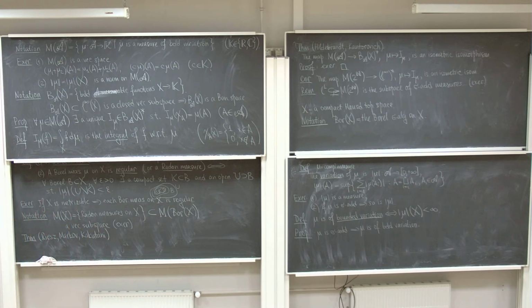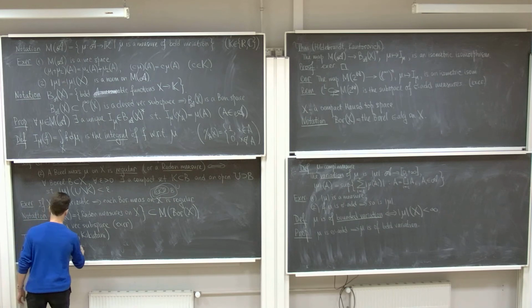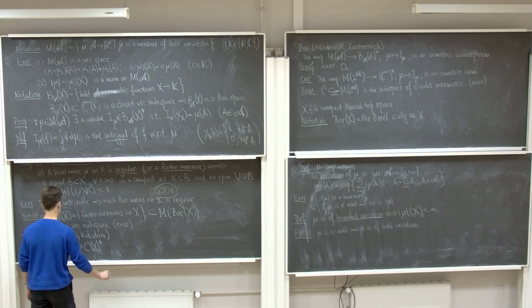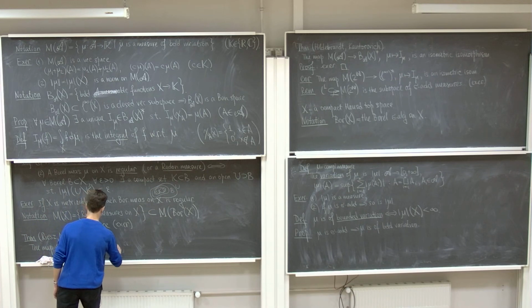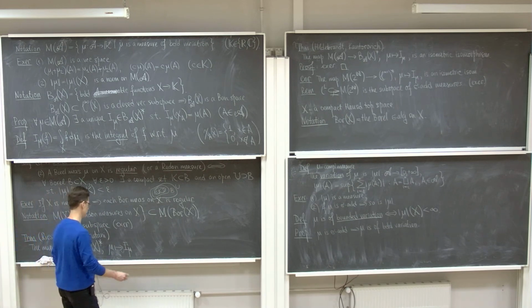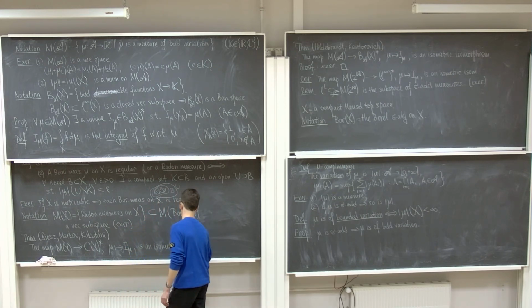If X is a compact Hausdorff topological space, then the map from M of X to the dual of C of X, which takes each Radon measure mu to the respective integral with respect to mu, is an isometric isomorphism.